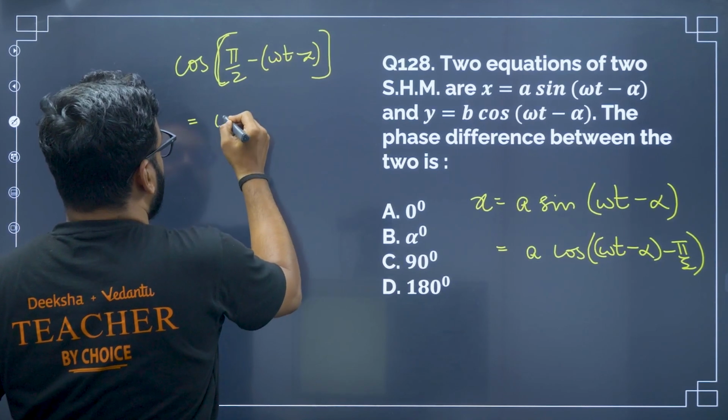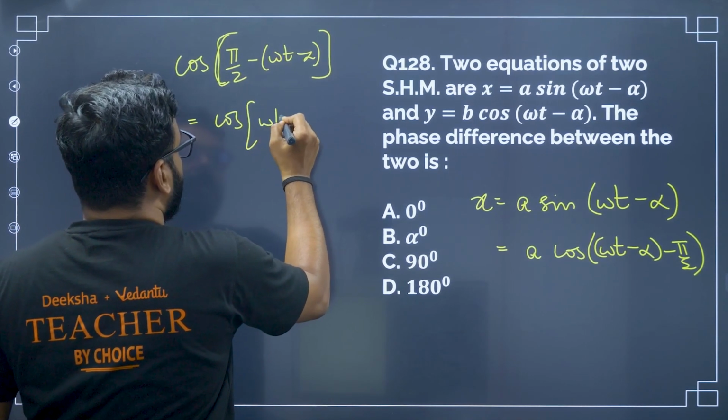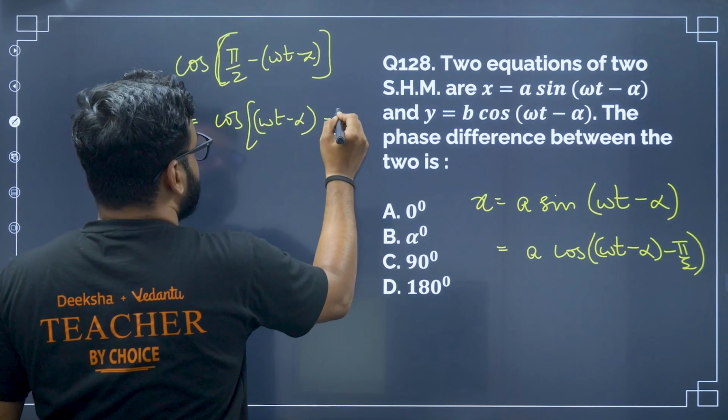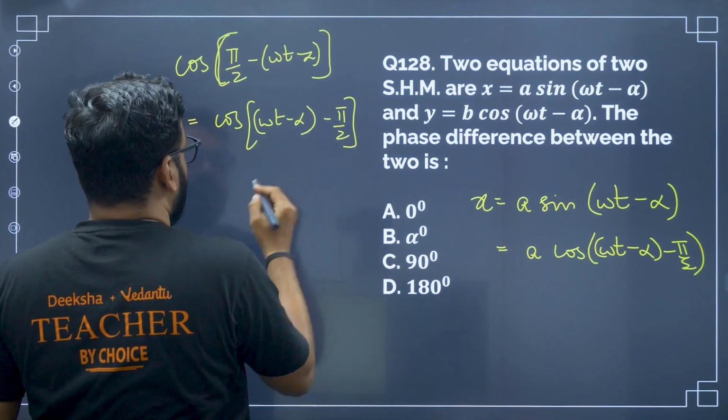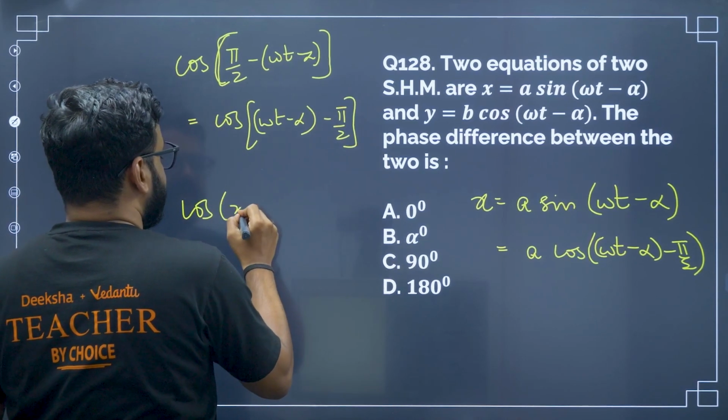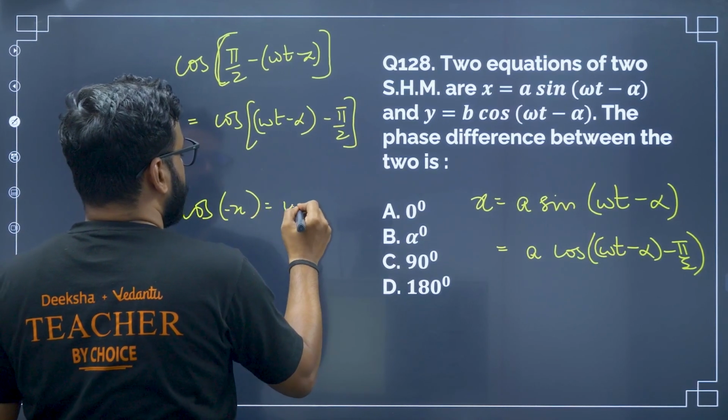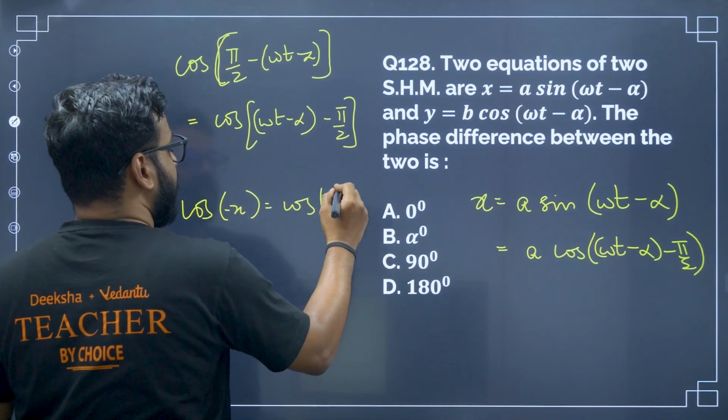This is also equal to cos(omega t minus alpha minus pi by 2). There is nothing wrong, because cos of minus x is equal to cos of x.